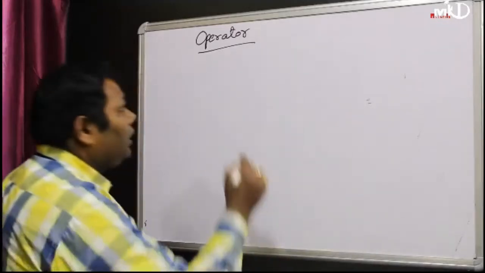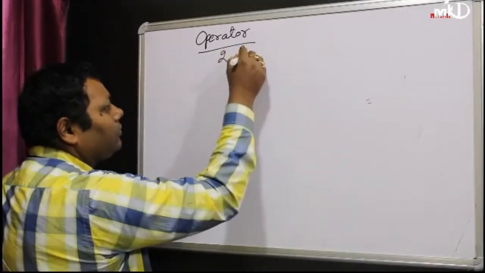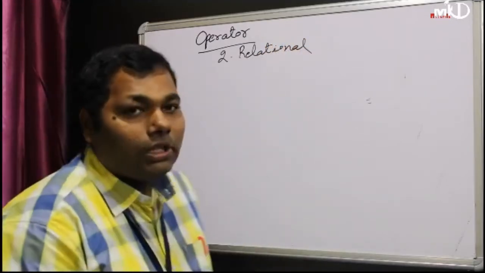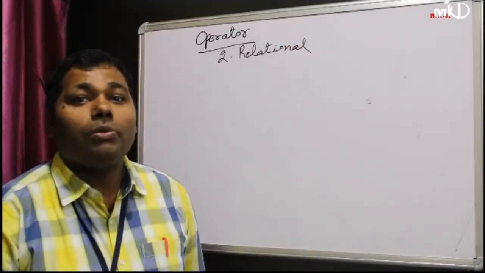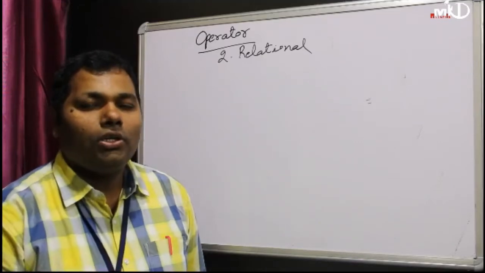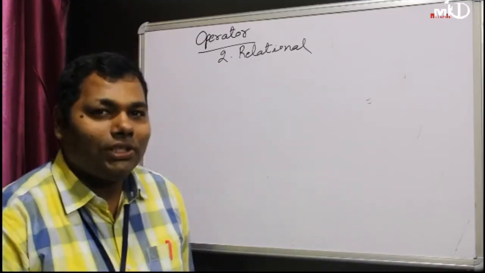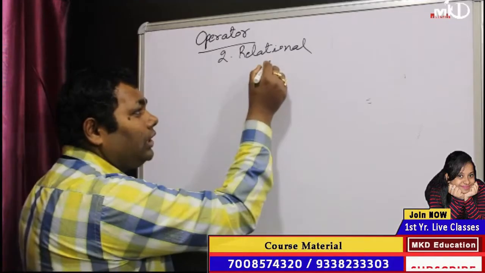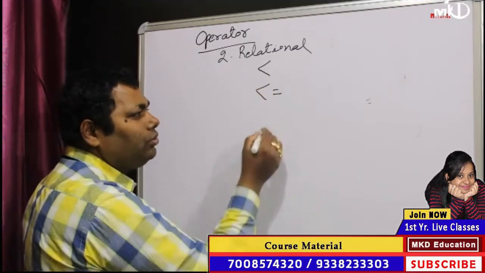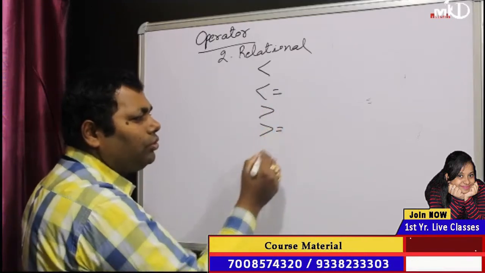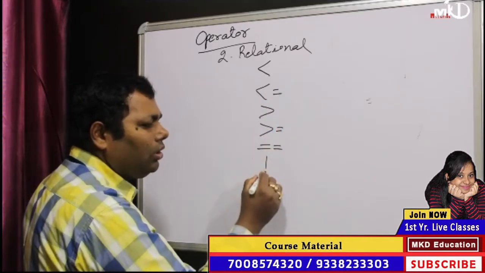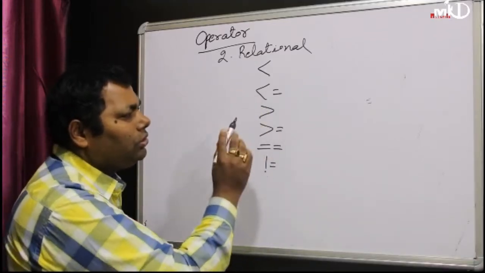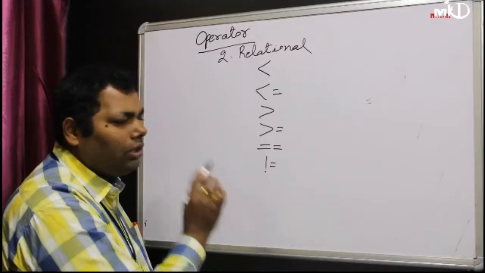Next is the relational operator. Relational operators are used to find out the relation between the two operands. There are 6 relational operators: less than, greater than, less than equal to, greater than equal to, equal to, and not equal to.